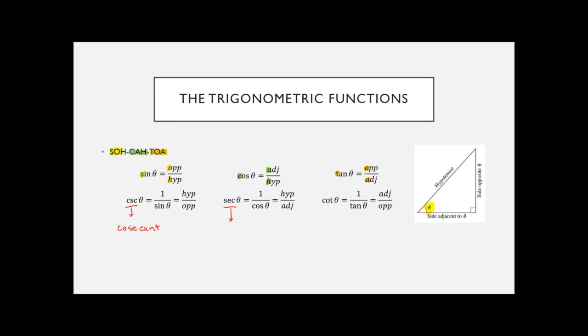Then we have secant, which is 1 over cosine, and then we have cotangent, which is 1 over tangent. And since they're the reciprocals, it's basically the opposite of the ratio that they're the reciprocal of. So like sine is opposite over hypotenuse, so cosecant is hypotenuse over opposite.